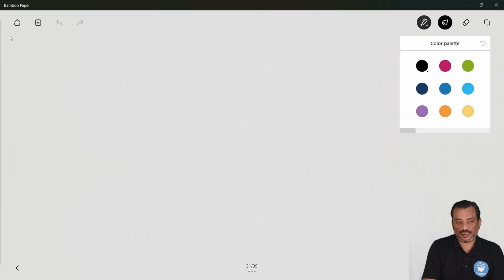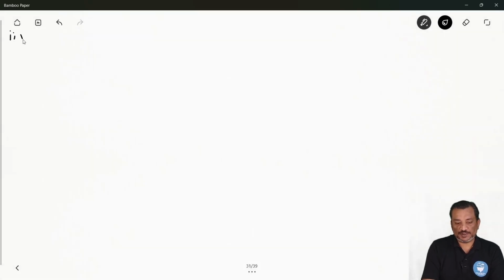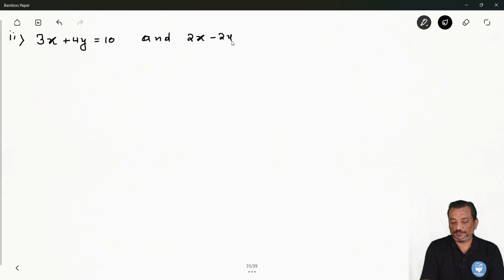So what is our second question that is given? So we will say second question, it is given 3x plus 4y is equal to 10. Okay. And second equation you have given again 2x minus 2y is equal to 2. Okay. So again this question we have to also solve with the substitution and elimination method with the help of them. Okay.